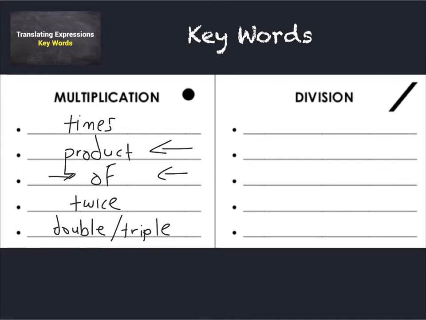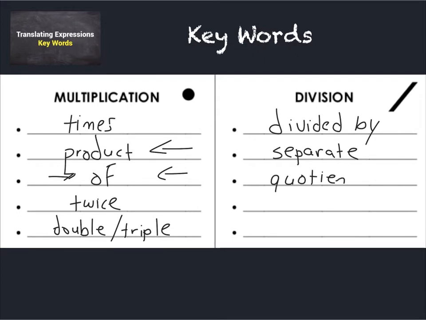For division, we have an obvious one, divided by. Separate, that's going to mean division. Quotient, and this one's an important one that we tend to forget. So quotient's going to mean division. Half.